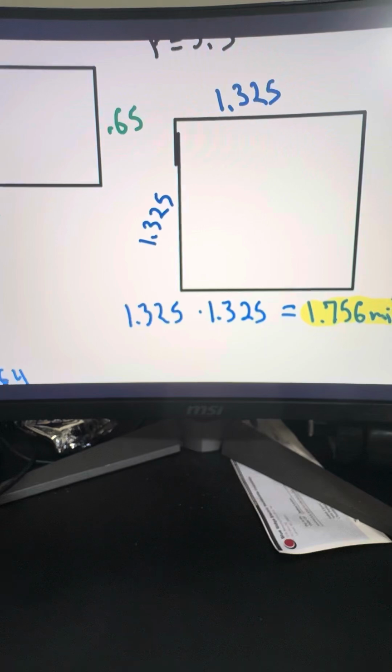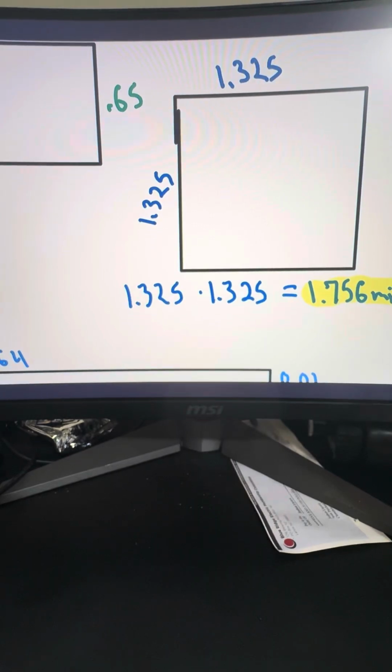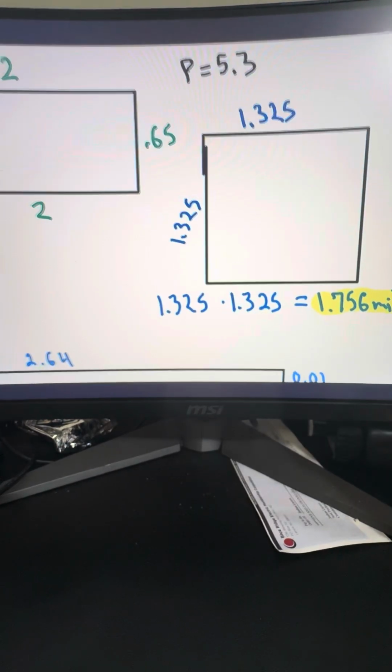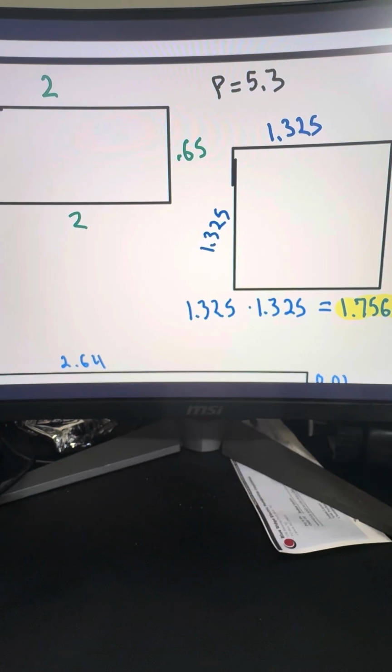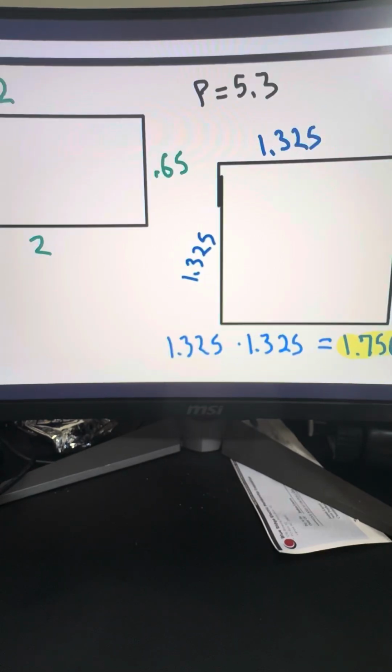So we know 1.756 is the largest, so that's the top of our range. So to complete this question, I was thinking, okay, I have the largest. What could be the smallest part of my range? What is the smallest area I could get, given that the perimeter of the rectangle would still be 5.3, not 5.2, I've been saying 5.2, 5.3.